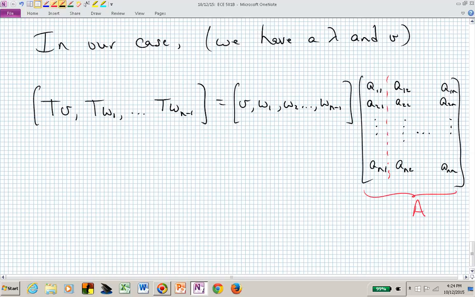Can we make it a little bit more specific in terms of identifying any of those coefficients in the A matrix beyond just saying they're these arbitrary coefficients A sub ij, and in particular the first column?